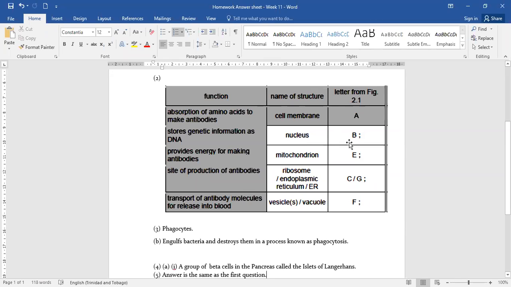So that's why the answer would be B. Next, the part of the cell that would provide the energy for making antibodies. Right off the bat, once you see that it's something involved in producing energy.